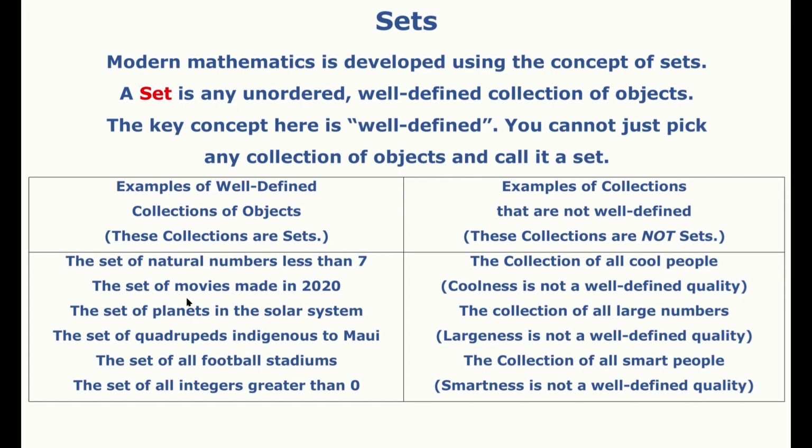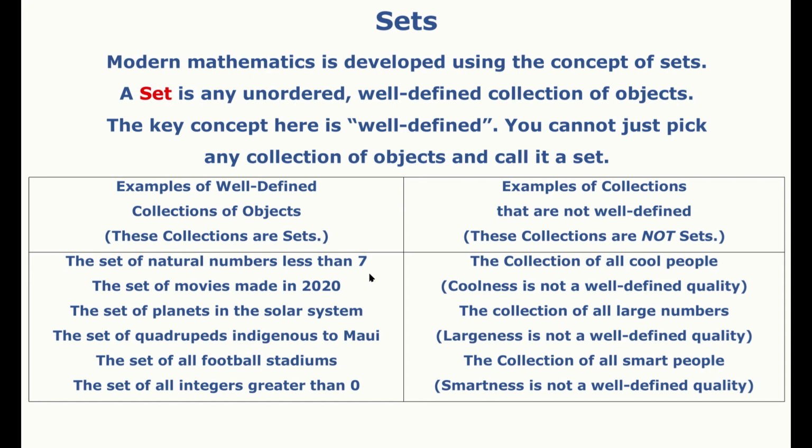Here's another one, the set of movies. By the way, for the first one, notice that it's very much a finite set because it has a finite number of elements, because the numbers are just 1, 2, 3, 4, 5, or 6, right?